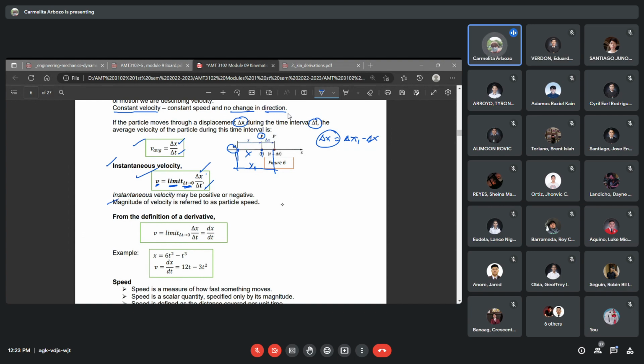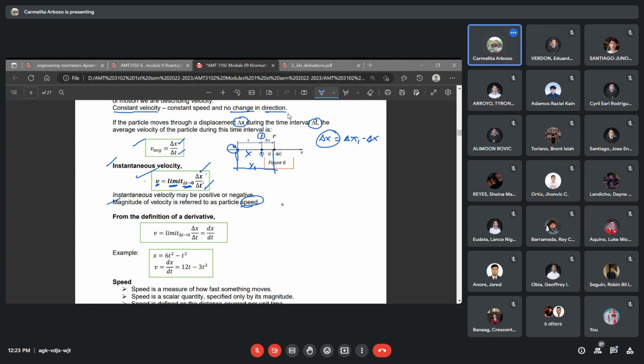So, the magnitude of velocity is referred to as particle speed. So, mula doon sa definition ng instantaneous velocity, pwede nating gawin siya in terms of derivative.